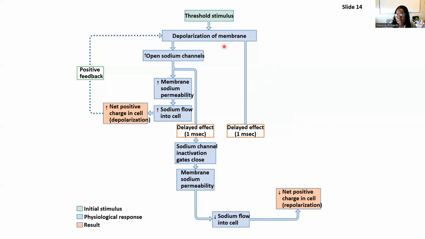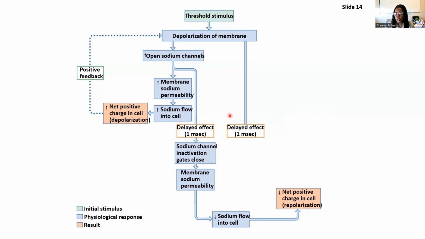And so also at depolarization, 2 timers are going off. The 1 millisecond to close the inactivation gates, also the 1 millisecond to open the potassium channels. And what this is ensuring is that these 2 events are synced. They're happening simultaneously, at the exact same time.